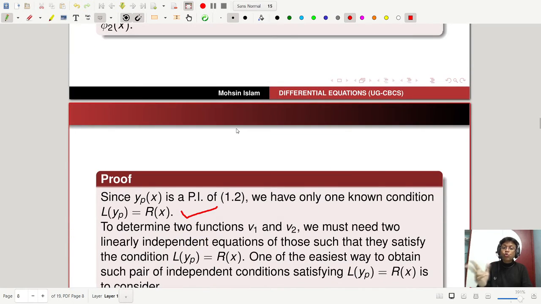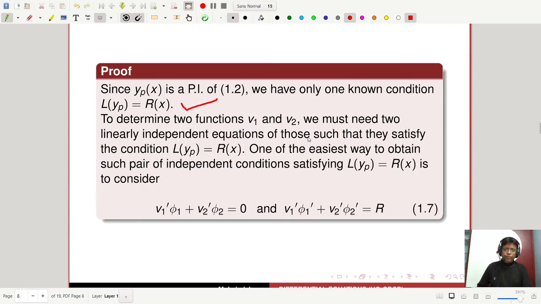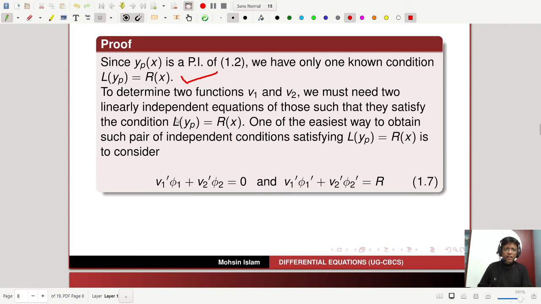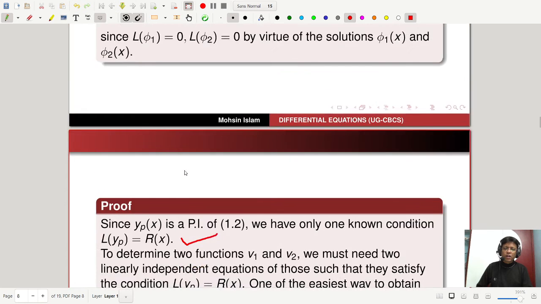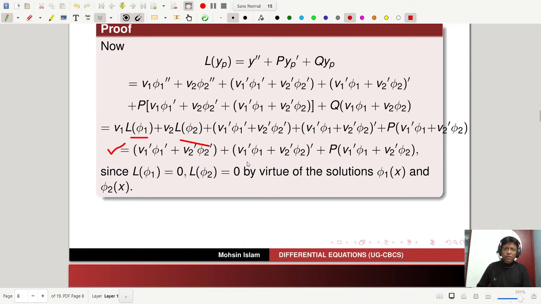So you need two linearly independent equations such that they satisfy this Lyp equals Rx. One of the easiest ways to obtain such a pair of independent conditions is to consider this equation: if this is equal to 0 and this is equal to Rx, then that equation is satisfied.